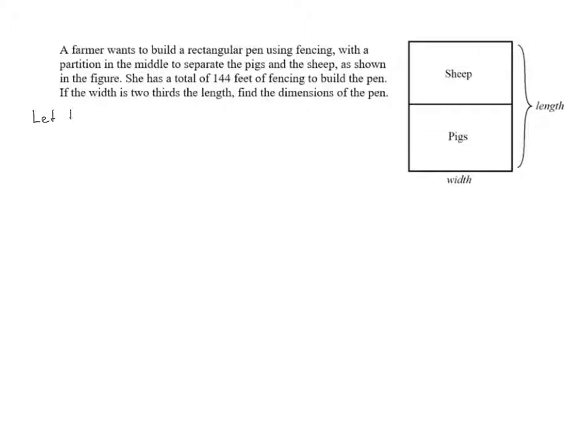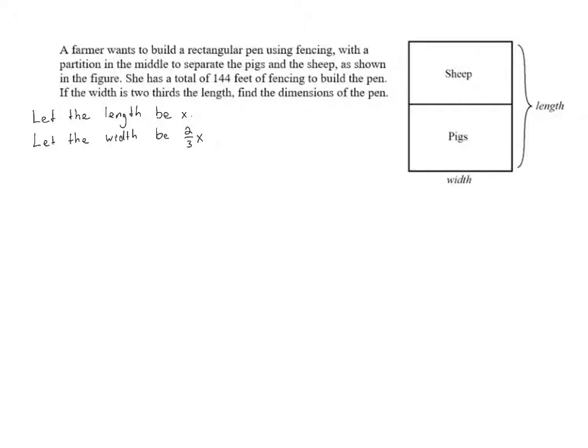Let's let the length be x. Now we're told the width is 2/3 the length, so we're going to let the width be 2/3 times x. Because if the length is x and the width is 2/3 the length, then we have to take 2/3 times x.